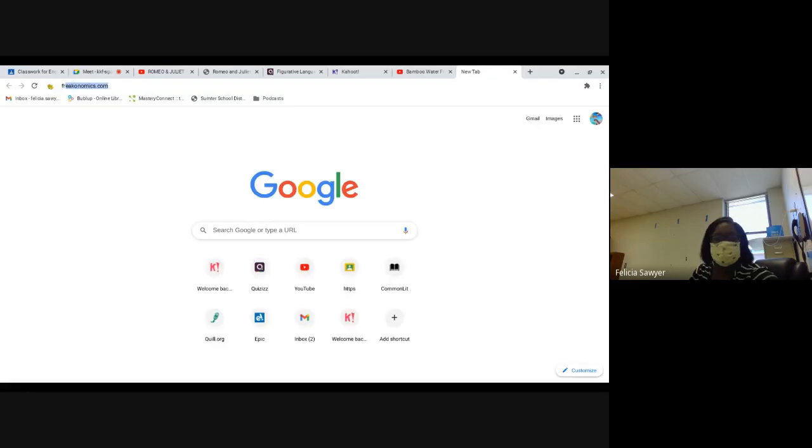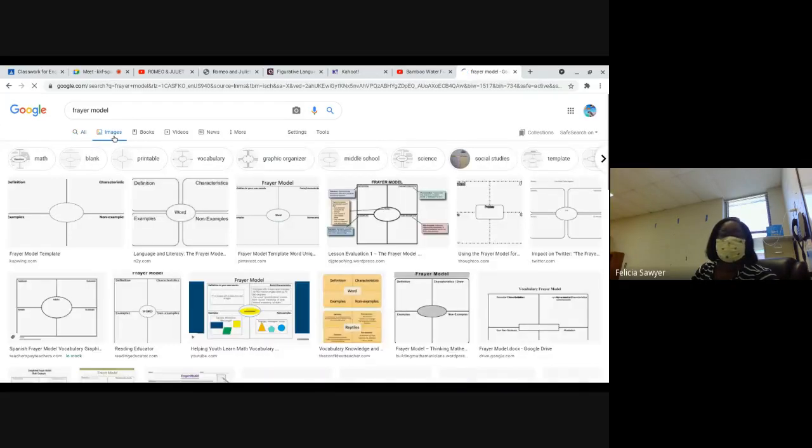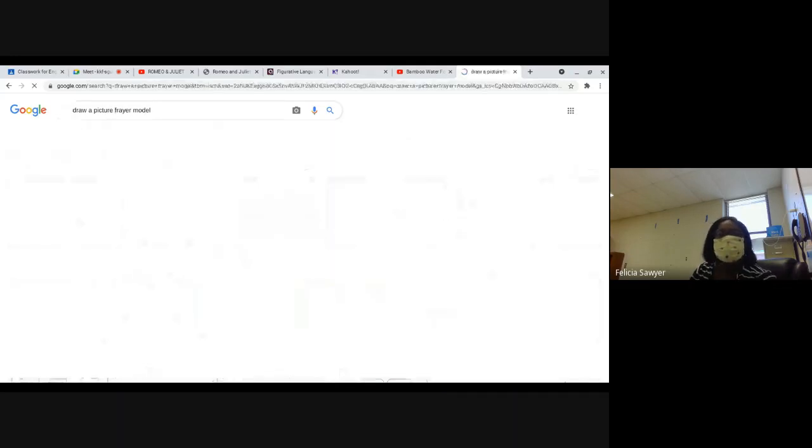So, what I want you to do now, you're going to use a Frayer word model. This is also in your Google Classroom. With this Frayer word model, you're going to choose one of the words on the list, and it could be from Act 1, Act 2, or Act 3.